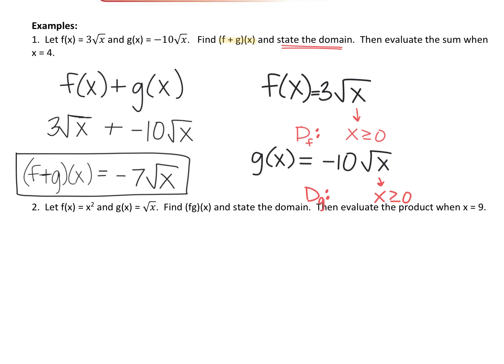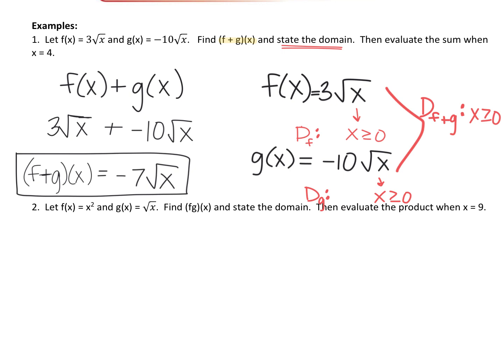So if I have the domain of f plus g, and you can kind of see it here, notice this is f plus g, negative 7 root x. We want x to be the same, greater than or equal to 0. So that doesn't actually change anything. Just because you added them together, it's actually the same kind of function. It's a root function, so the domain should be the same.